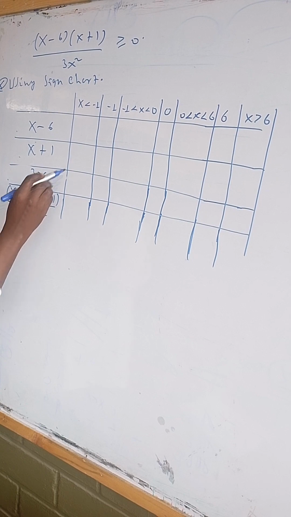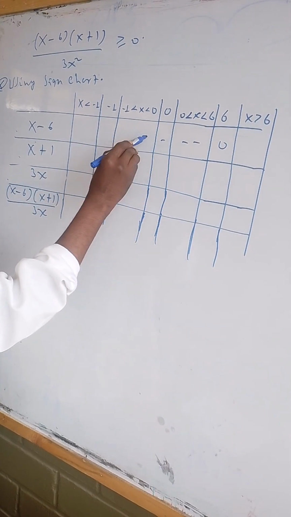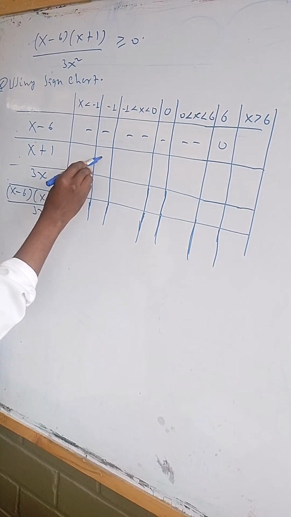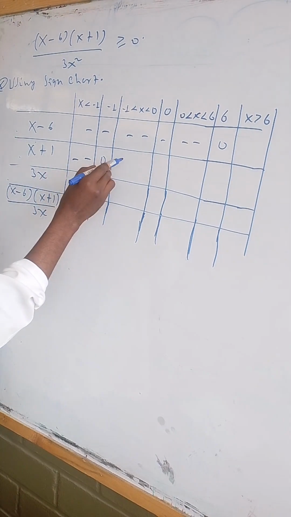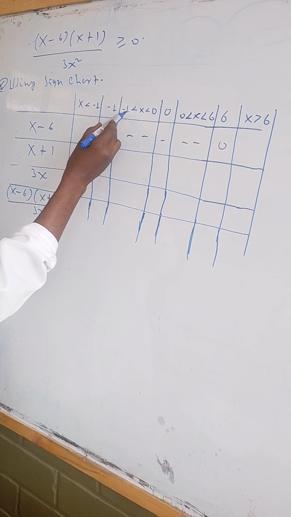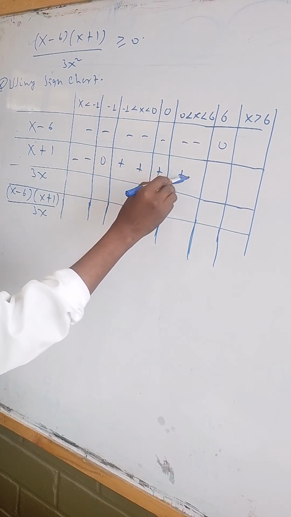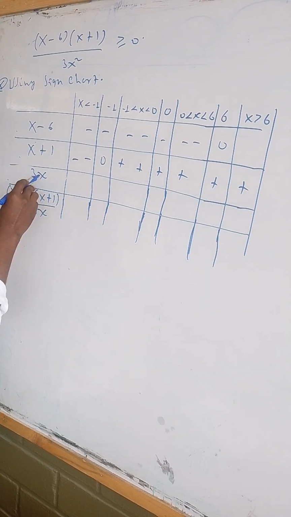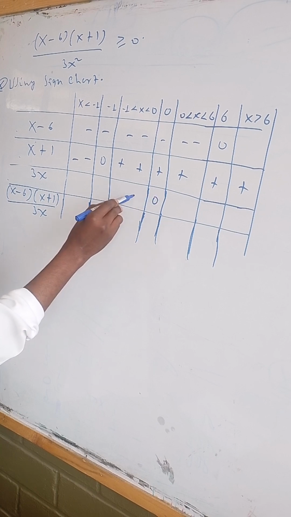Taking x minus 6, x plus 1, and 3x²: for x minus 6, if you substitute 6, it is 0; less than 6 it becomes negative, above 6 it is positive. For x plus 1, if you substitute minus 1, it becomes 0; less than minus 1 it becomes negative, above minus 1 it becomes positive. For 3x², for x equal to 0, it is 0.